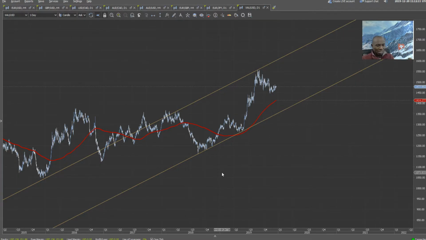Blah blah blah. That is kind of correct, but one thing you need to do with the stochastic indicator is first understand the trend of the currency pair.